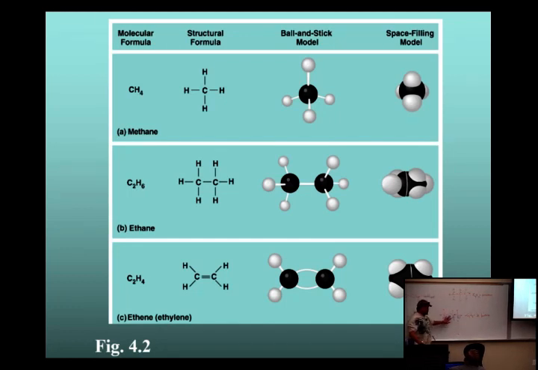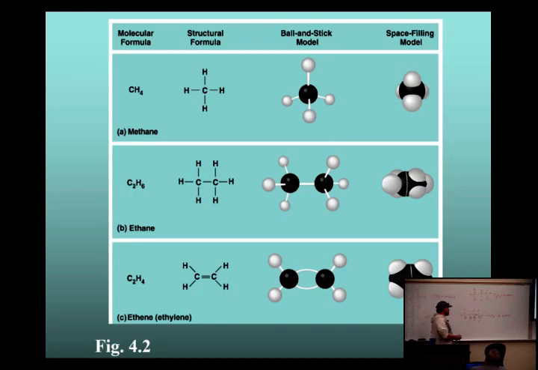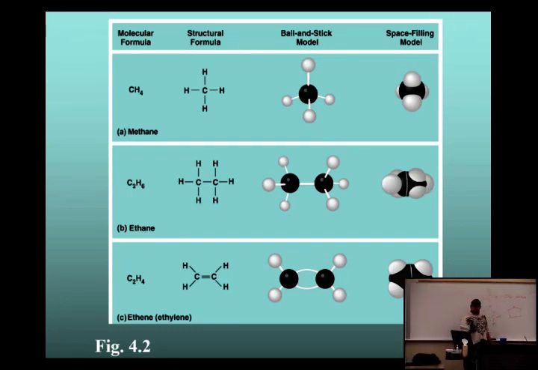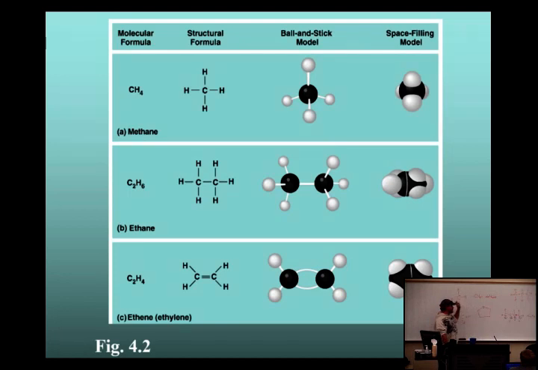What I'm trying to get at here is the reason that this is important is because later on, these numbers are going to be important when we talk about this molecule right here. You guys know what that is? This is a super important molecule. We decide that all living things have to have this.